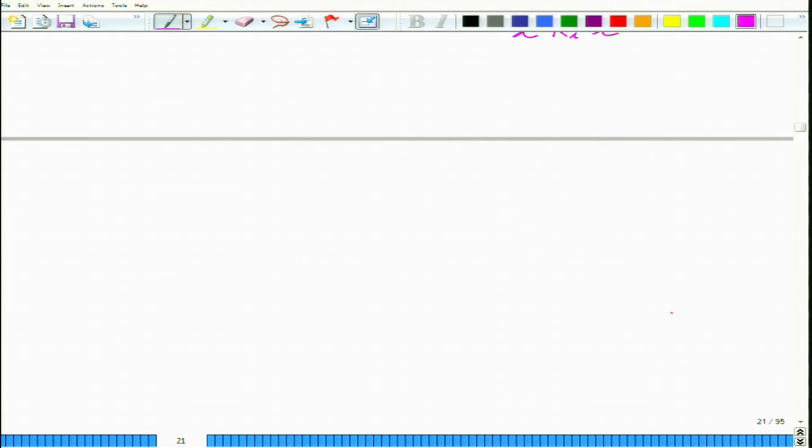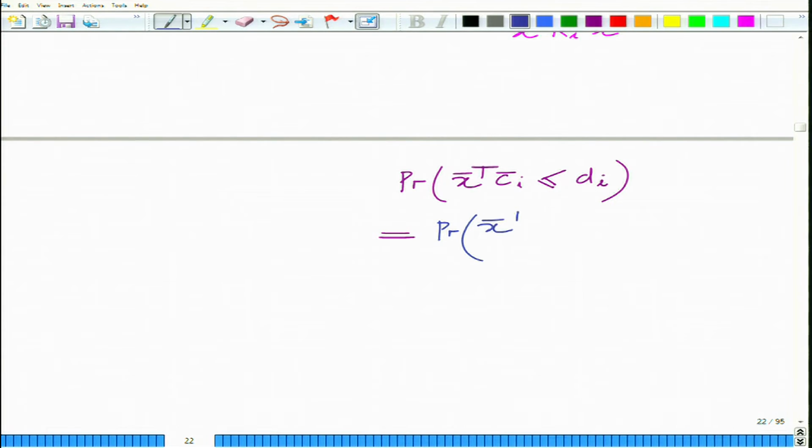Now, if you look at that, the probability that x bar transpose C bar i is less than or equal to di is equal to the probability that, let me subtract the mean, x bar transpose C bar i minus x bar transpose mu bar i is less than or equal to di minus x bar transpose mu bar i.